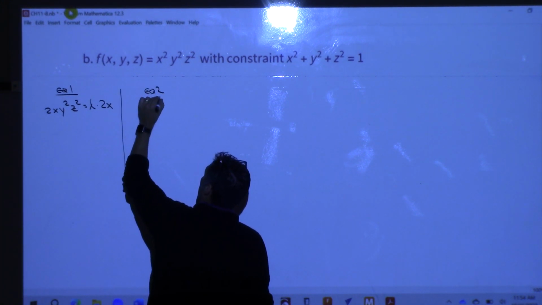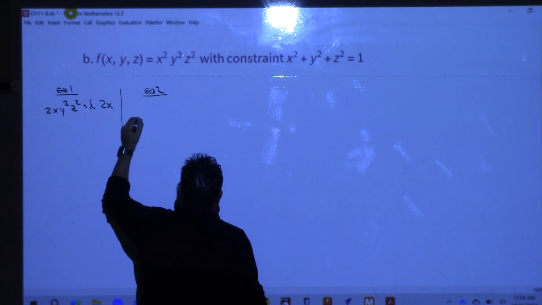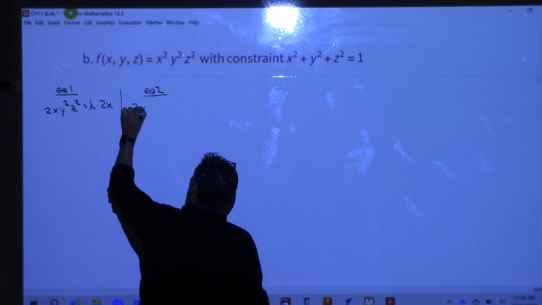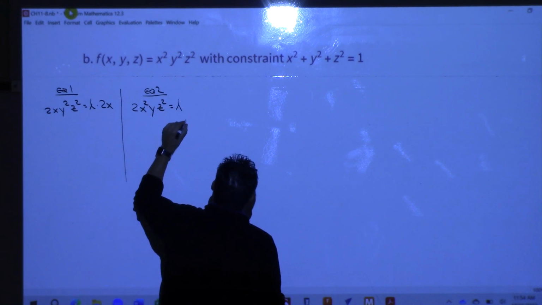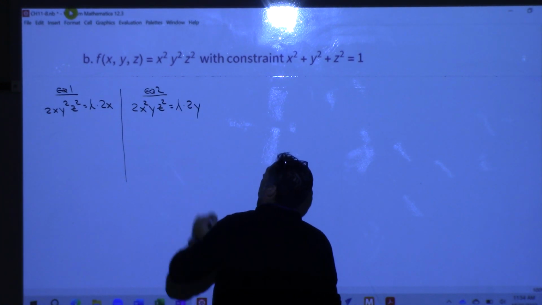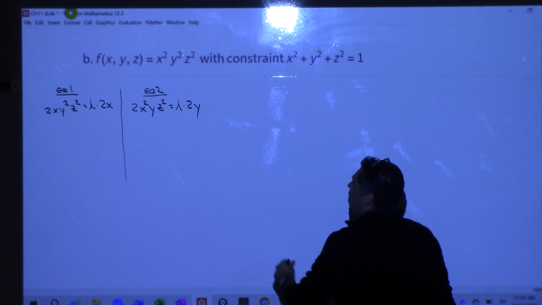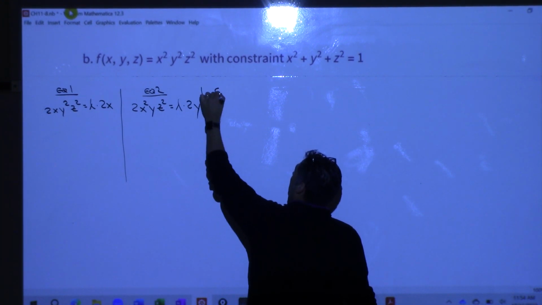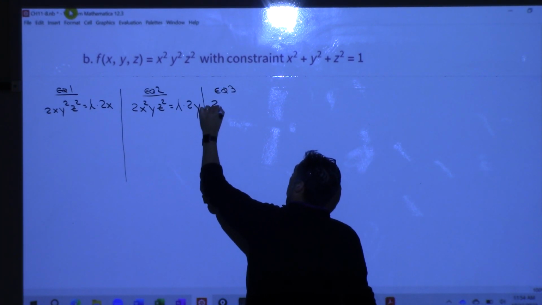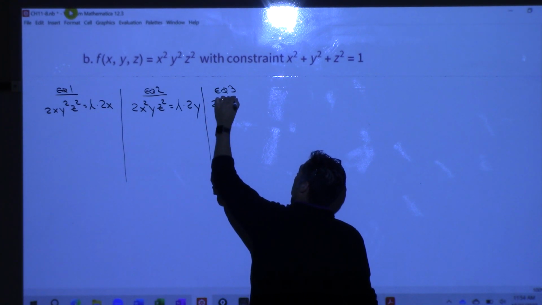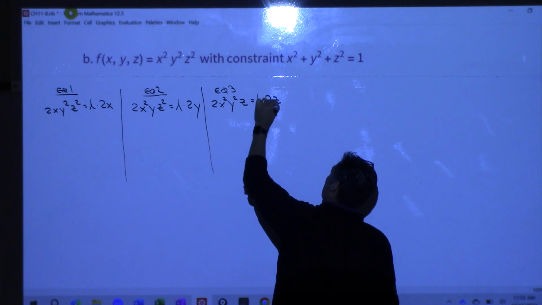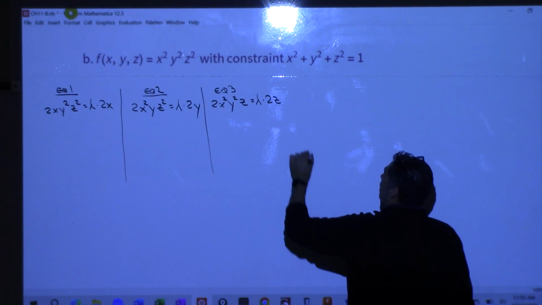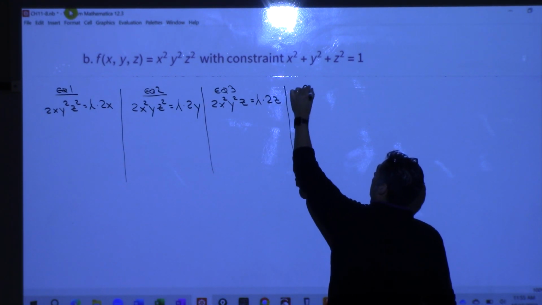Hope that's okay. 2x squared y z squared equals lambda times 2y. Equation 3. 2x squared y squared z equals lambda times 2z. And then you're constrained, right?